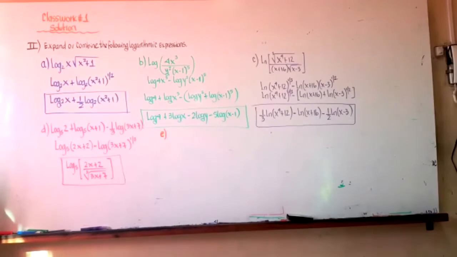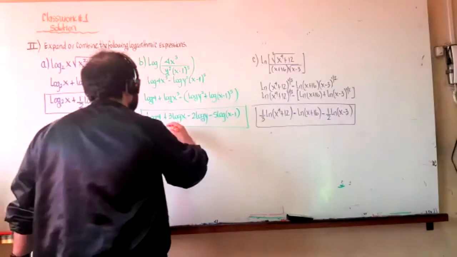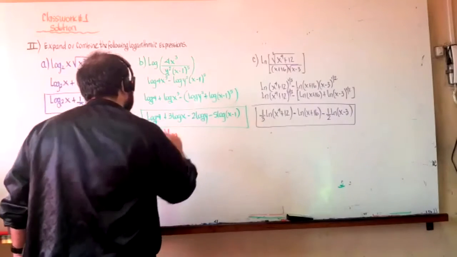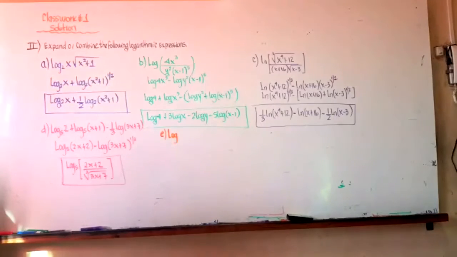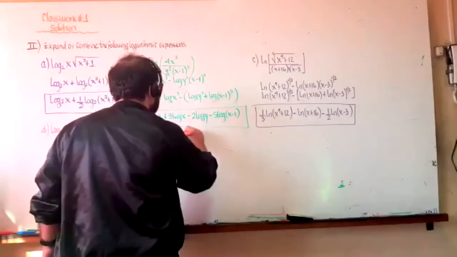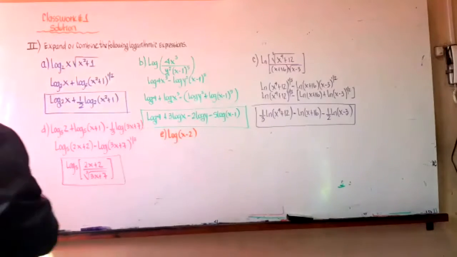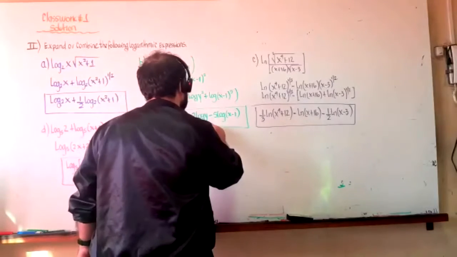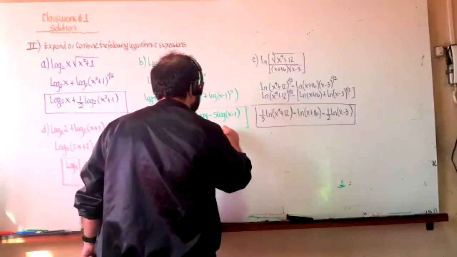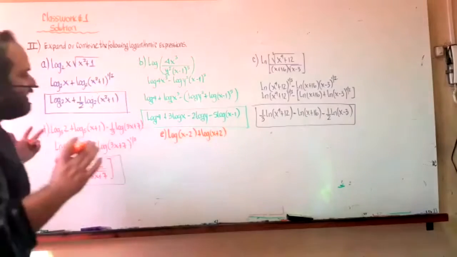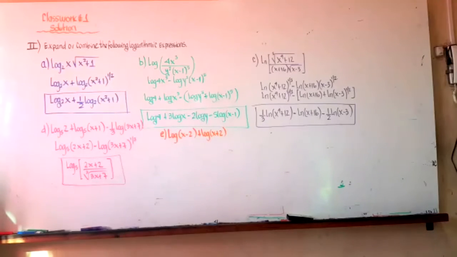You're going to see just one example in the letter E. In the letter E, we have log x minus 2, x minus 2, plus log x plus 2, because basically the main idea is combining one singular logarithm. When we said combine, we have to reduce the expression, not factorize the expression.